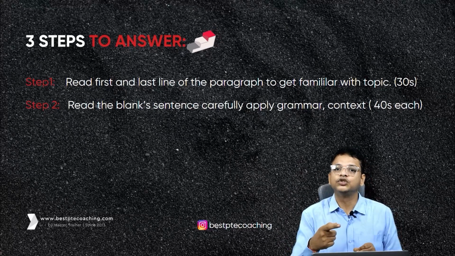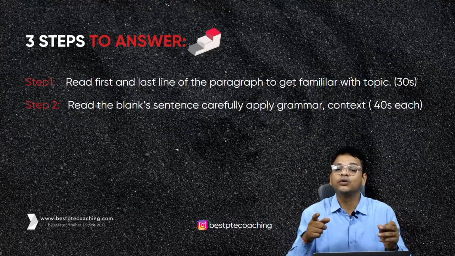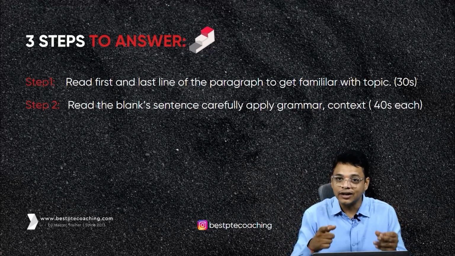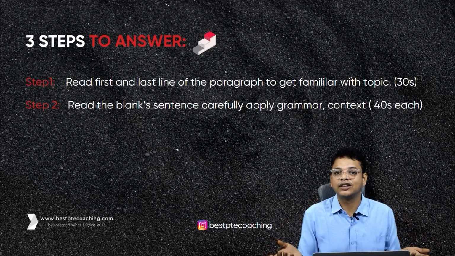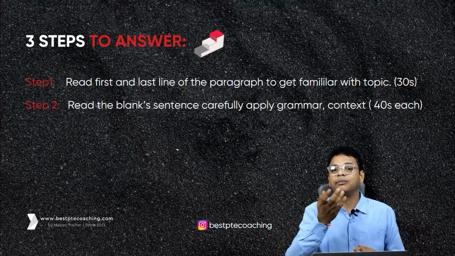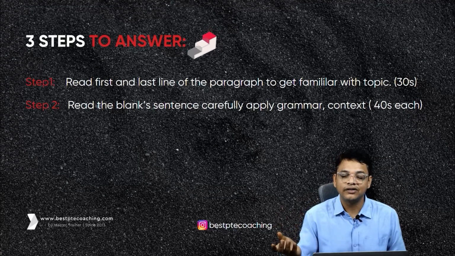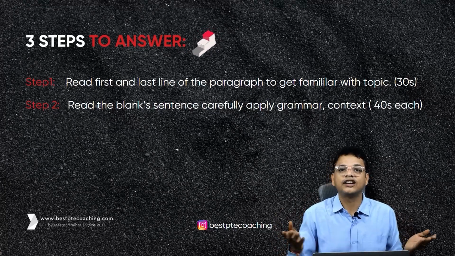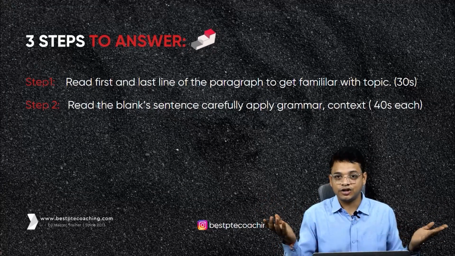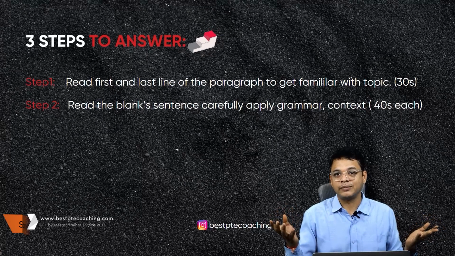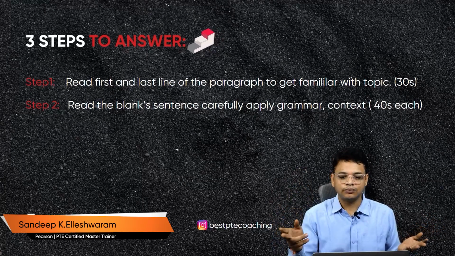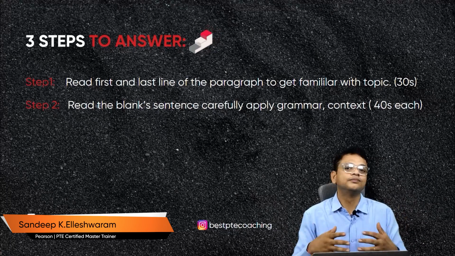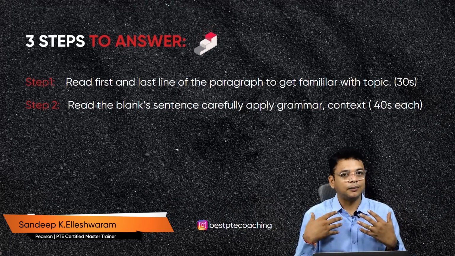Situationally suitable words you will be able to guess well only when you read the sentence of the blank. The blank can be presented anywhere in the sentence. It can be in the beginning, in the middle, or towards the end of the sentence, anywhere. But sentence understanding is important to gauge the situation, basically situational word and grammatically what is missing.